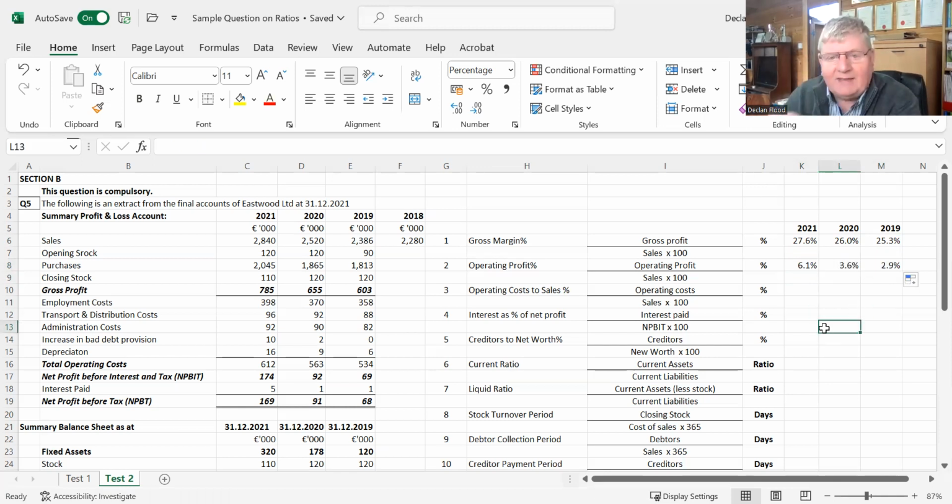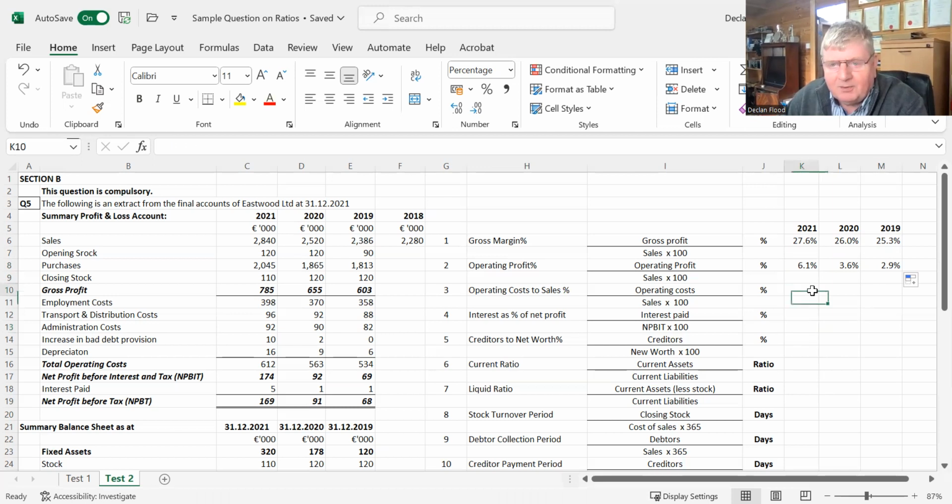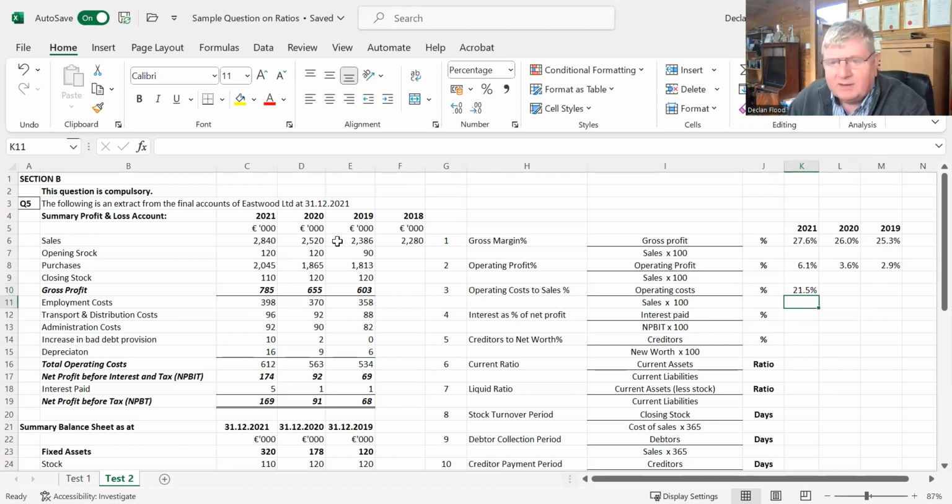Okay, so that's section number 1, the sums. And rather than looking at the totality of the numbers, just break it down one by one. So operating costs, we just put in our operating costs, which is there, and we divide it by our sales. Because I have this formatted, that's year 1, that's year 2, and year 3.